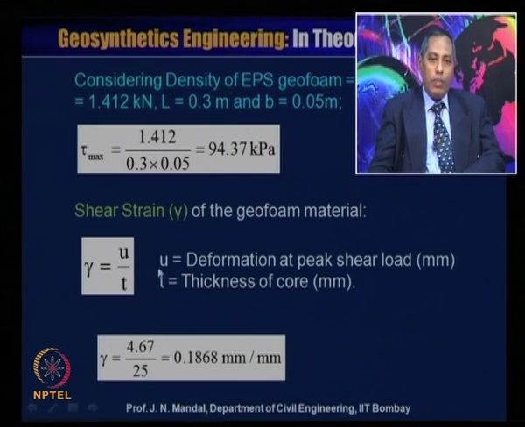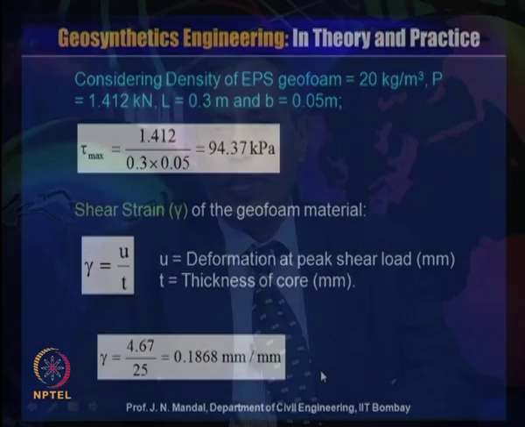So, for gamma we have 4.67 millimeter divided by the thickness of the core, which is 2.5, so this will give 25. This will give you 0.1868 millimeter per millimeter. So, this is the shear strain of the geofoam material.